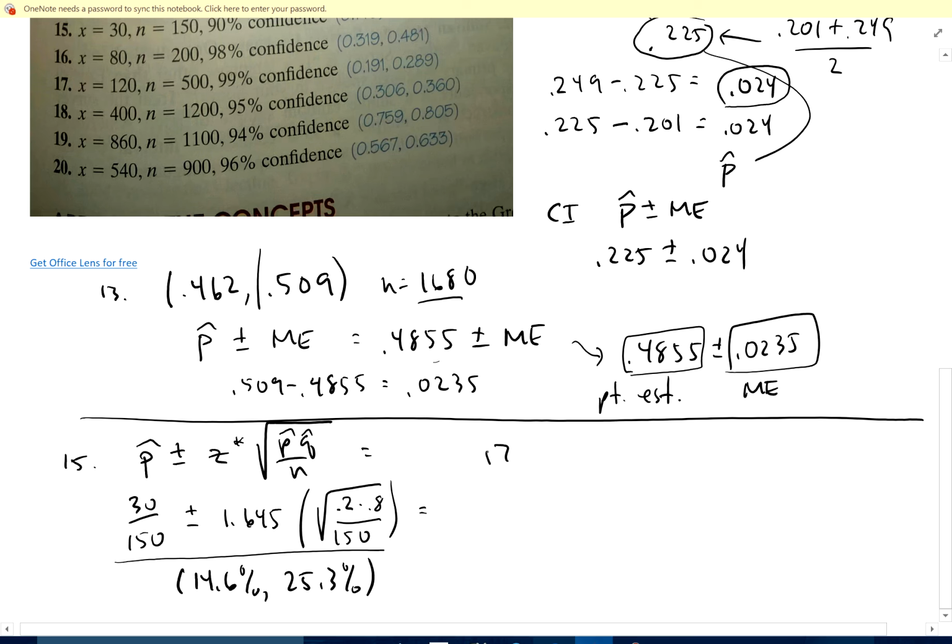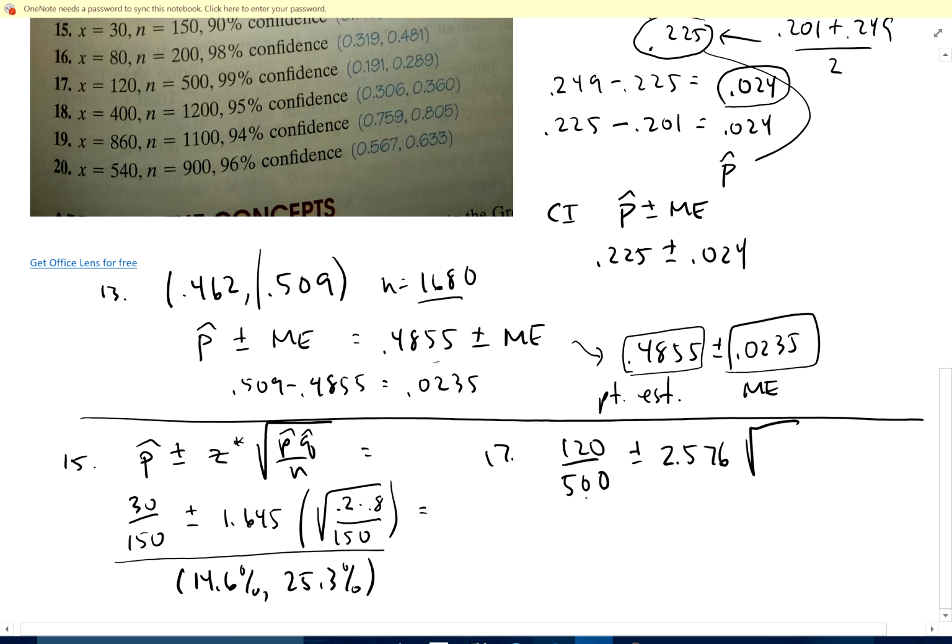17. Confidence interval is 120 over 500 plus or minus, 99%, 2.576, square root of 120 over 500.